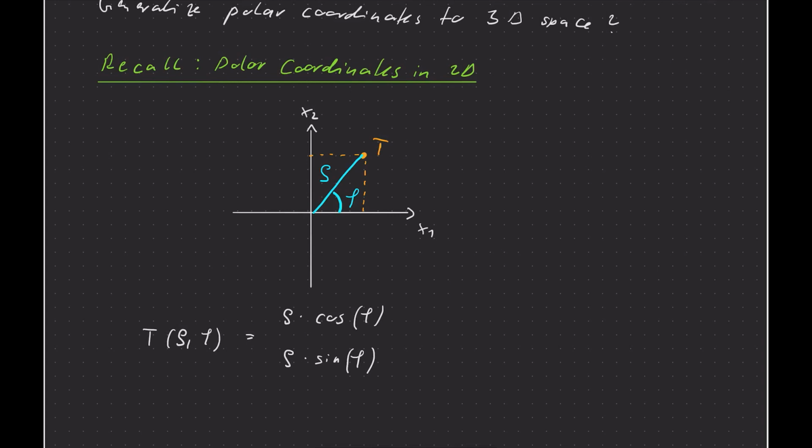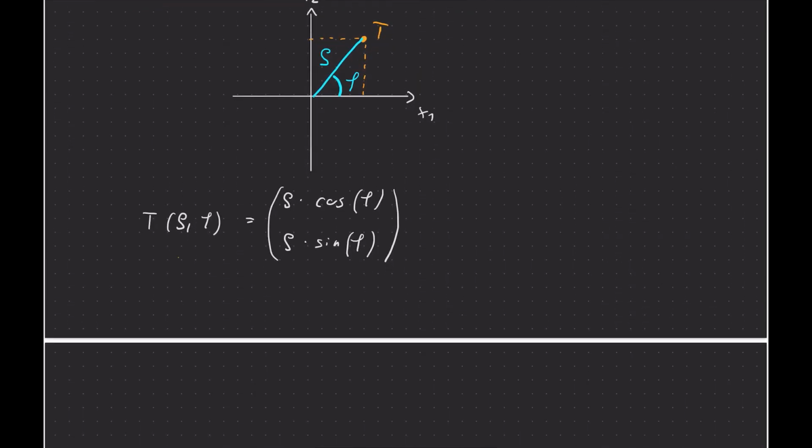Basically, if rho is 1, then the x1 part is exactly the cosine of phi, and the x2 part is exactly the sine of phi. And we just have to multiply this by rho to get the Cartesian coordinates. Okay, so this is polar coordinates, and this is Cartesian coordinates.